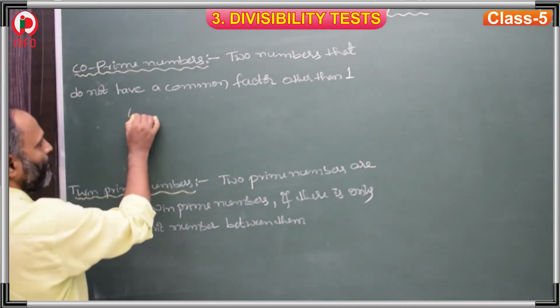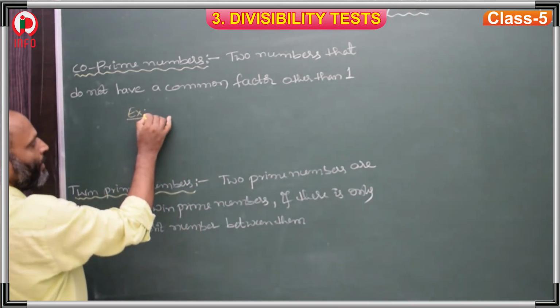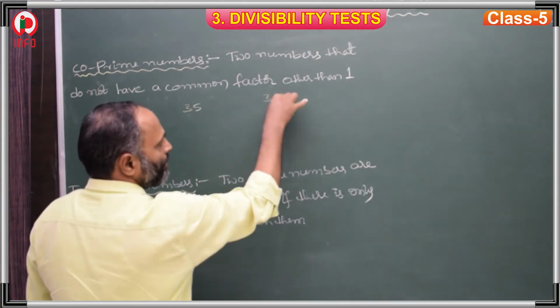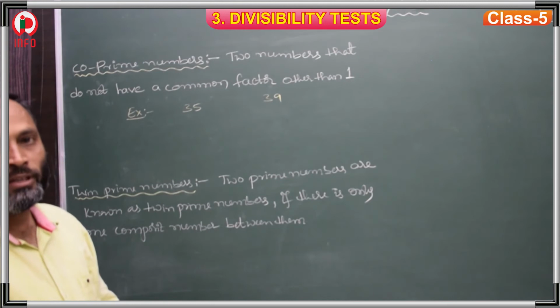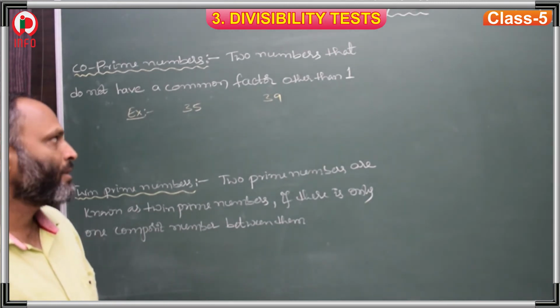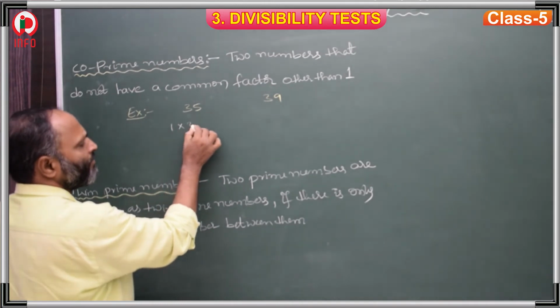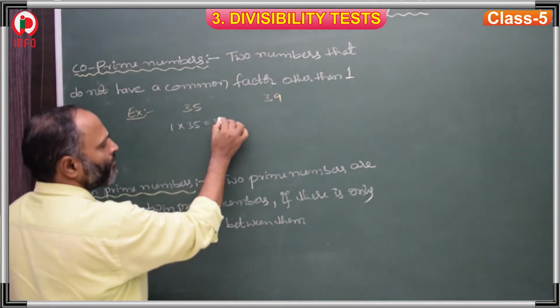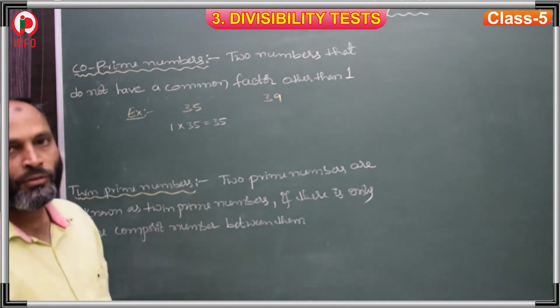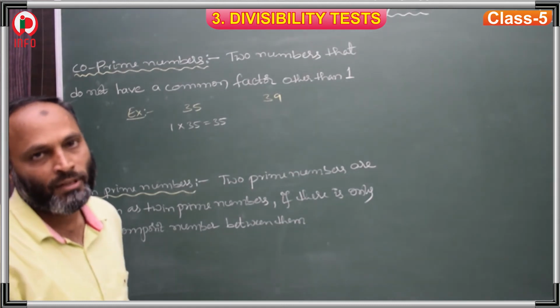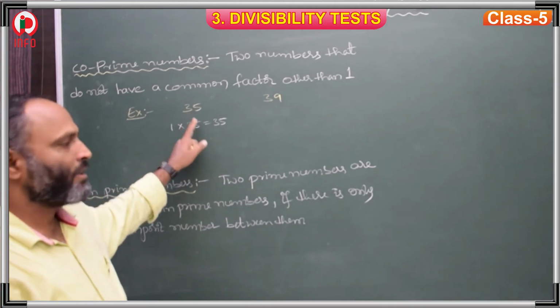First example. One number is 35, the other number is 39. Let's write the factors. 1 and 35 are factors of 35. Next, it won't go in the 2 table because it is not an even number, and it won't go in the 3 table because the sum of the digits is 8.